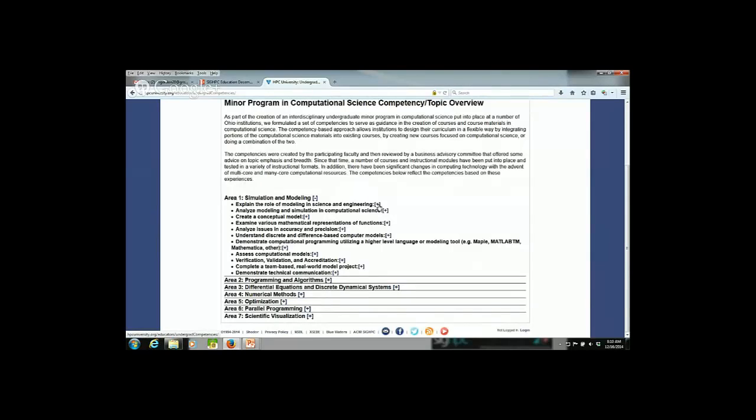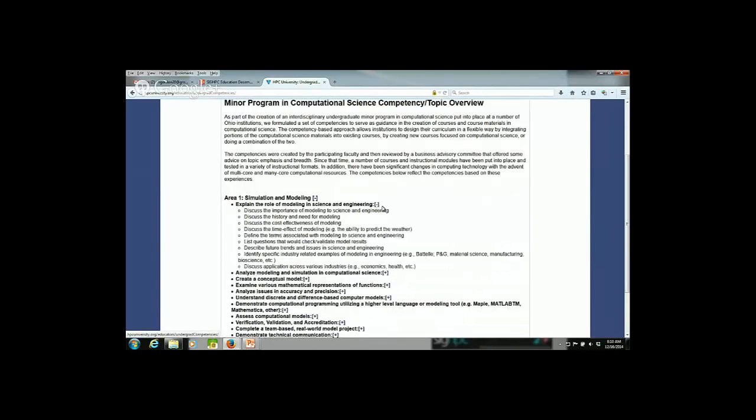So, for example, if we look at "explain the role of modeling in science and engineering," this would have to do with why do people use modeling and simulation, and a course that does that would look at the history of modeling, some of the cost effectiveness associated with doing modeling, why industry uses it to help get things out faster, getting into some of the terms associated with modeling in science and engineering, thinking about validation.